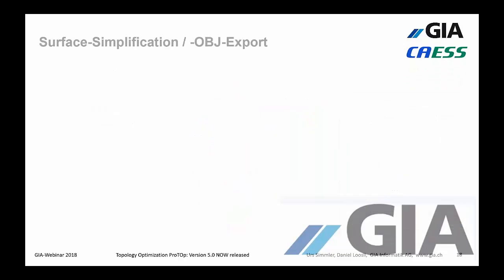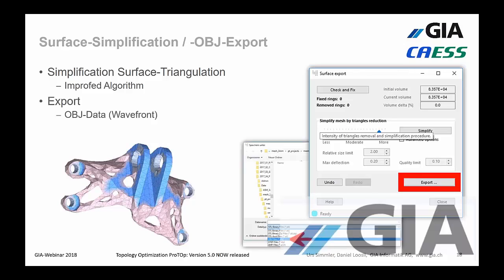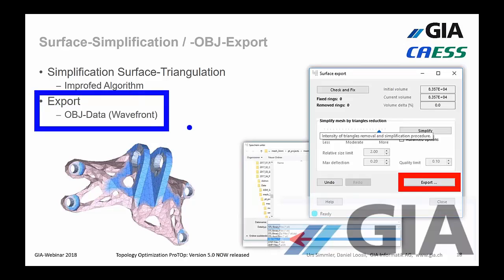So it's easier to use them later in the CAD system, because we brought in a new algorithm for simplifying the model, and one new simplification can be used as an OBJ export.